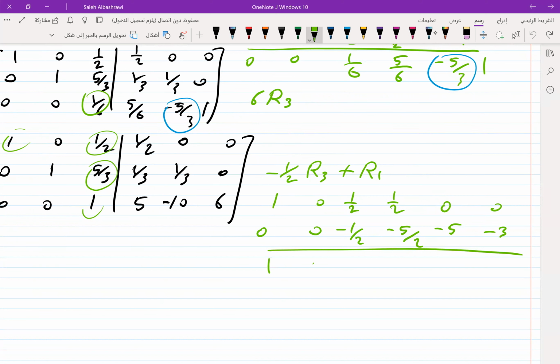That will be 1, 0, 0. And this is 1/2 minus 5/4, which will be minus 2. And minus 5, or should be plus 5 because this should be minus 1/2 there. It is plus 5 and minus 3.